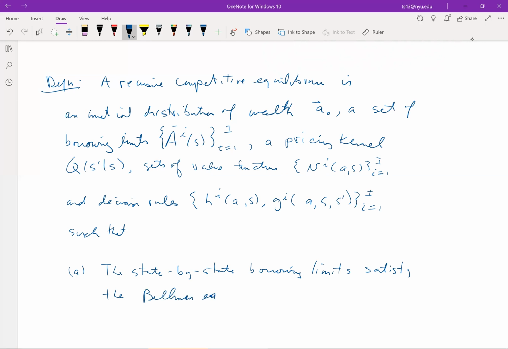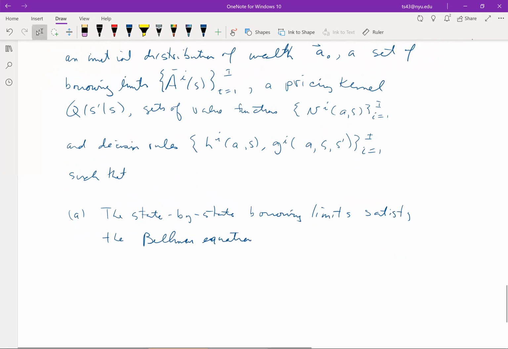Here's another Bellman equation. A bar I of S equals y I of S, it's a function of the Markov state, plus the summation over S prime of Q of S prime given S times A bar I of S prime.